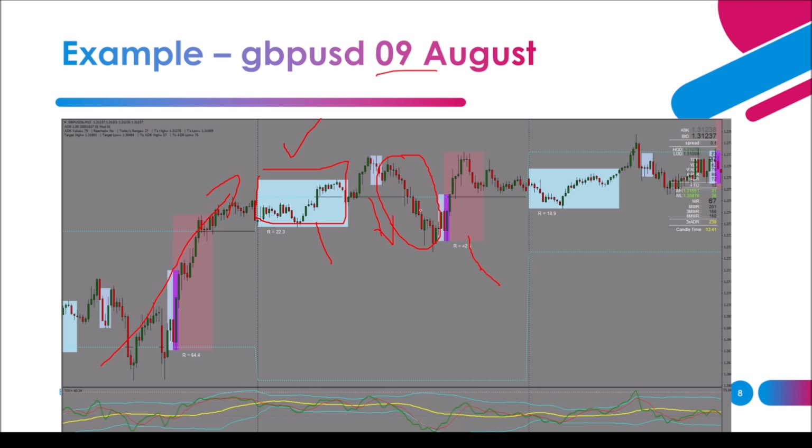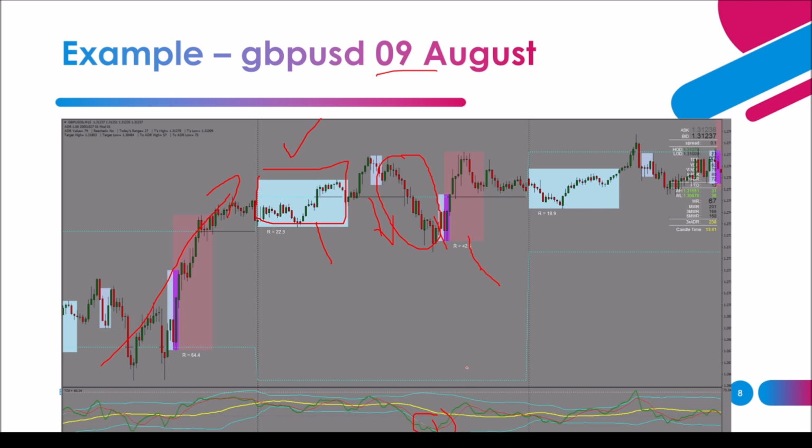In this particular case, the London went against the trend that was going to the upside, and at the beginning of the US, which is the end of the London, we can see there was a shark fin, whereby the RSI line went outside the band within the Traders Dynamic Index, and then we can see the green line crossing the red line. That is where we actually make our entry, which was somewhere at this particular point.